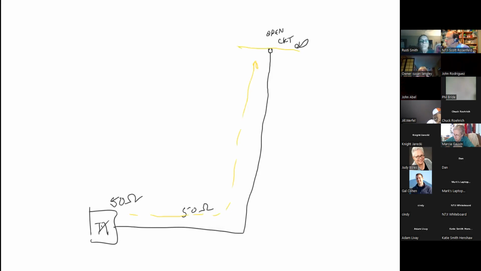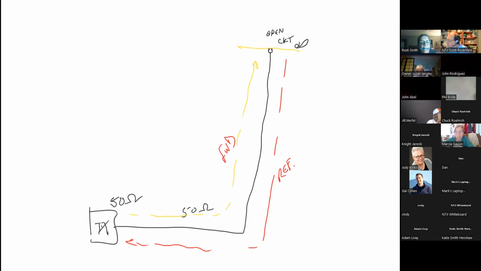Well, what happens to the energy? It can't go out. What's going to happen to it? Heat? Nope. It can't go out. It's going to come right back. Okay, so this is your forward, and this is your reflected.